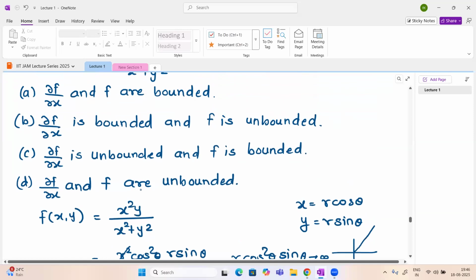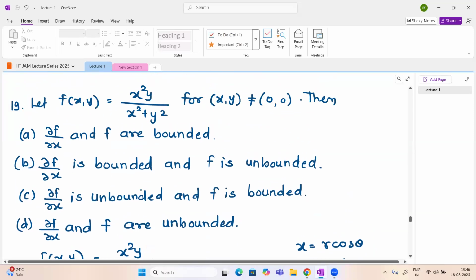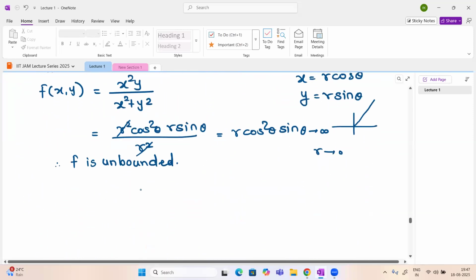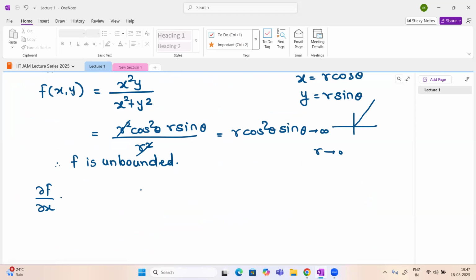Okay. So they have asked to check the partial derivative also. We have to find the partial derivative and predict about its boundedness. So let us find its partial derivative, dy by dx. We have to apply the u upon v formula to find the derivative. Khushi, will you help me to find the derivative?